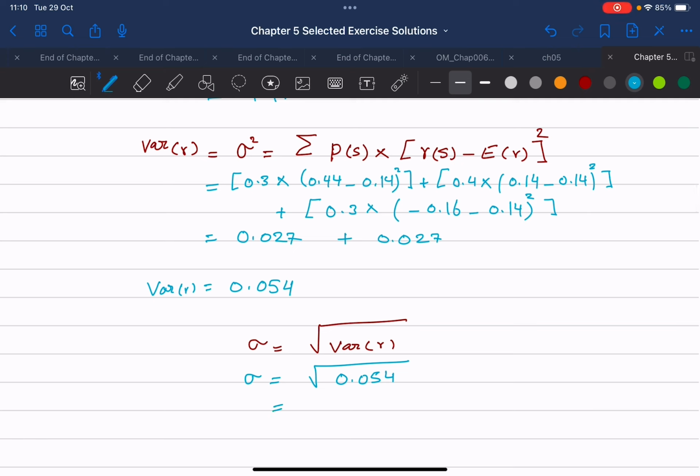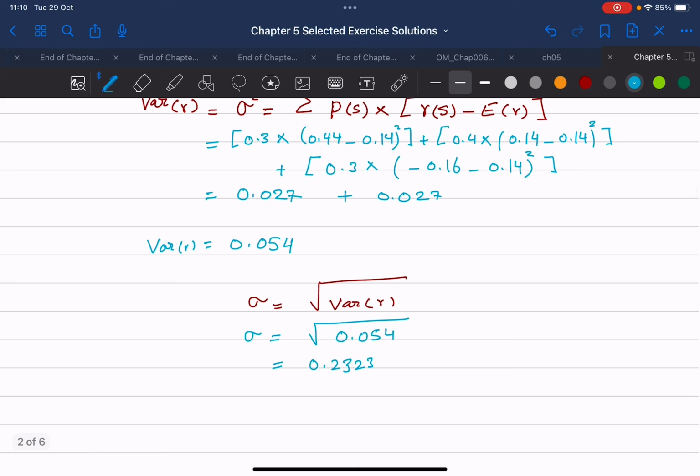I'll run the numbers on my calculator. Square root of 0.054. And that's going to be 0.2323, and then transform this into a percentage format.